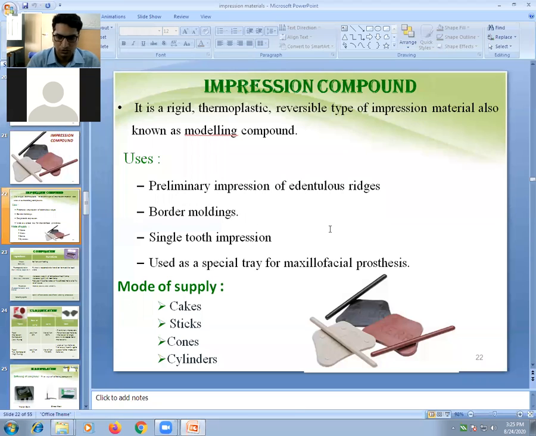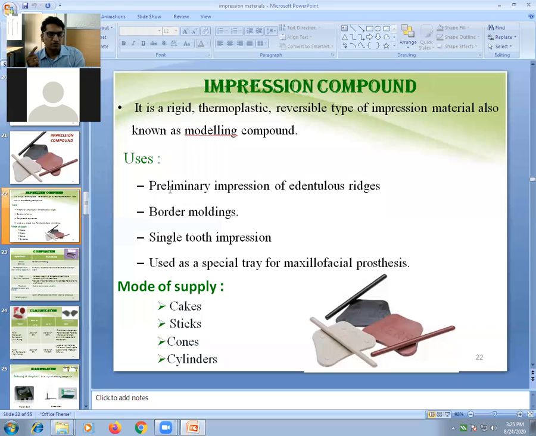Now, what are the uses of impression compound? For preliminary impression of a dentulous mouth. Second is border molding, the impression of a single tooth, and preparation of a special tray for maxillofacial prostheses. During the demonstration I have shown you the various steps of denture fabrication.